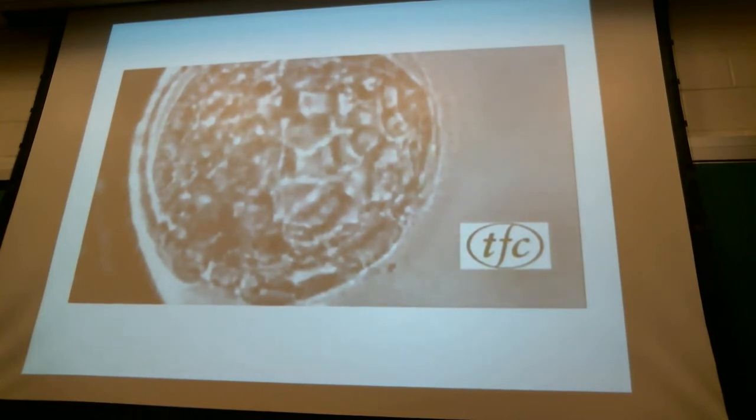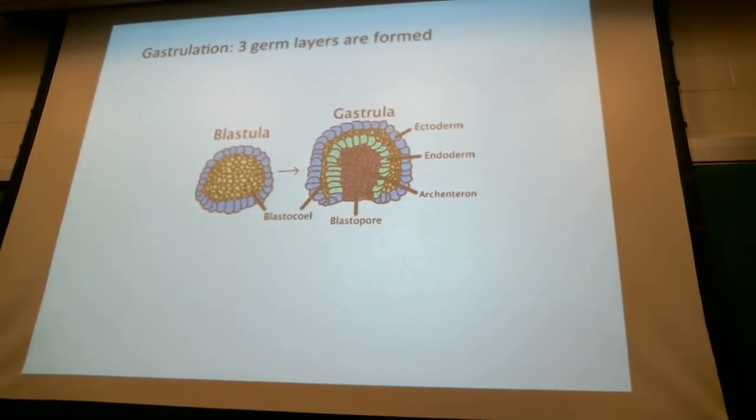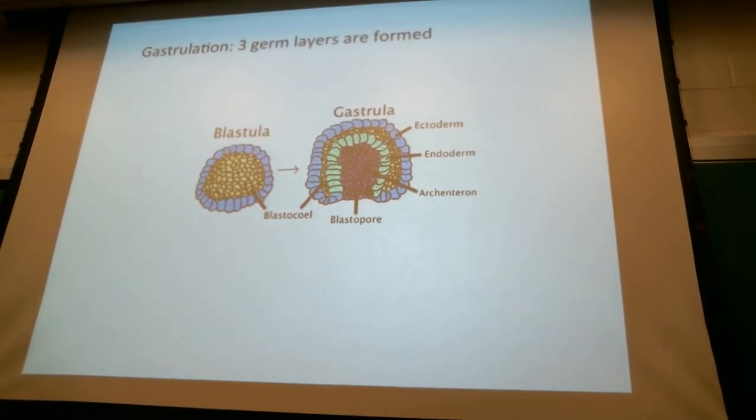So this stage with a lot of small cells is called blastula. And the next step is that blastula will turn into gastrula. Gastrula has different layers. The most outside layer is called ectoderm.